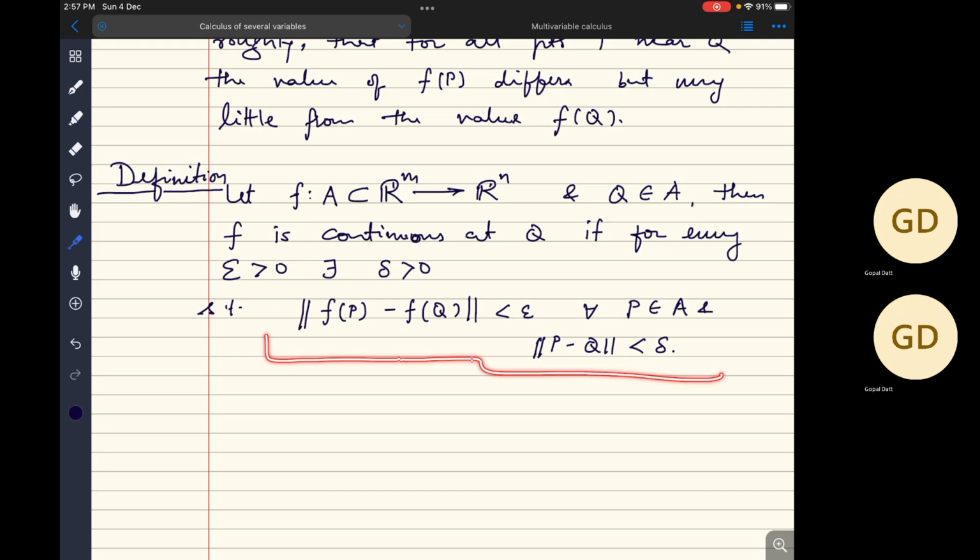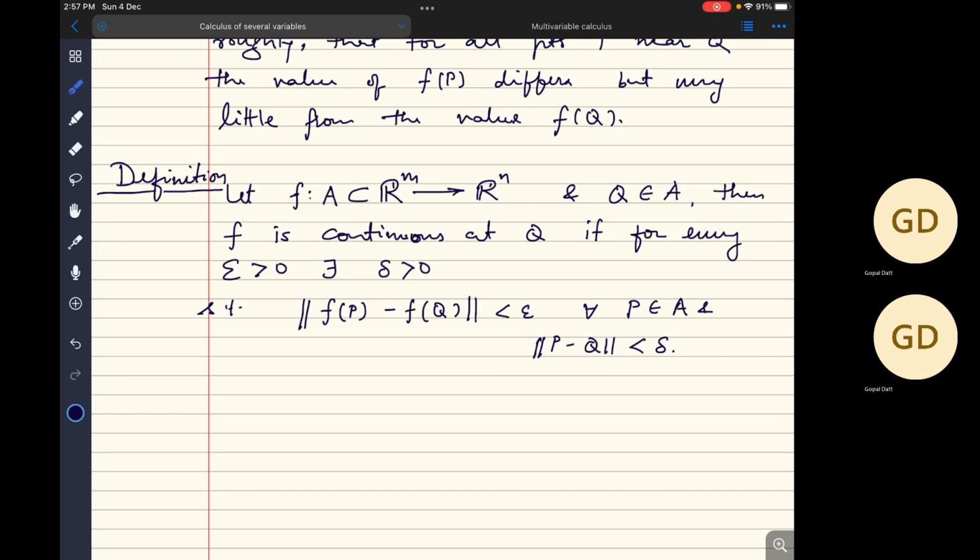This means whenever p is near q, f(p) is near f(q). In this case, on this side we are taking the norm in R^n, and on this side the norm in R^m.